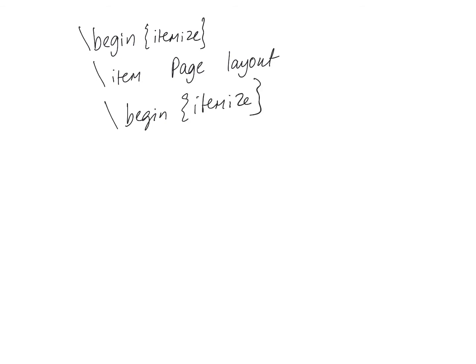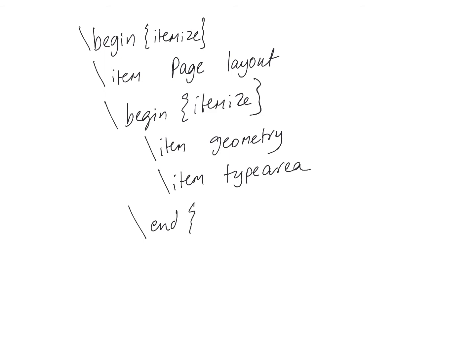Let's do item, page layout. And then begin another itemize. And then let's put backslash item geometry. So over here we've got spaces, okay? After the item, you put a space, type area, and end the itemize.